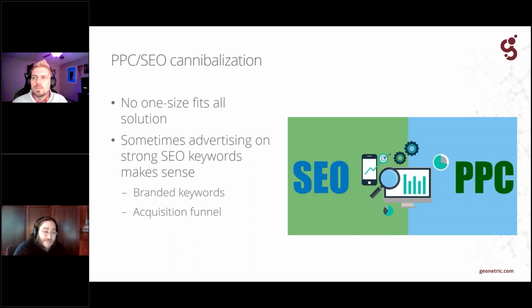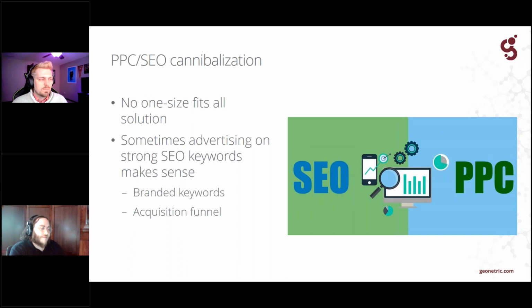And the answer is sometimes. Sometimes it makes sense to pull away the advertising, but sometimes, for instance, if you have other organizations nearby who may be advertising against your brand, it may make sense to continue advertising on those branded keywords, even though you're already performing well organically, just so you can stay one step ahead of the competition that way.